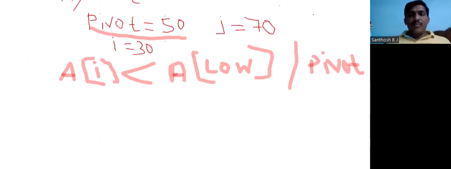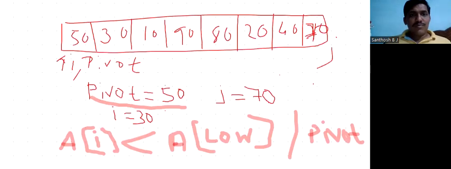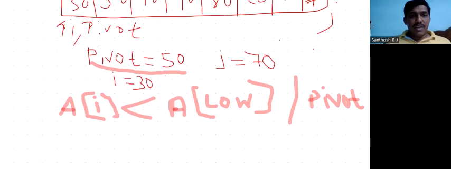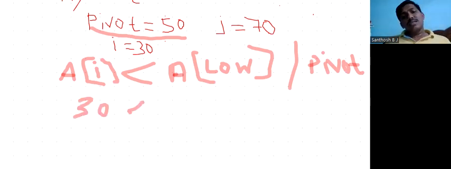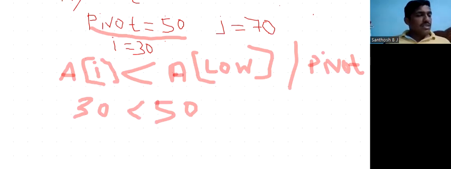Now, the pivot value is 50 and A of I is 30. Is 30 less than 50? The condition is true, so we increment the I value.